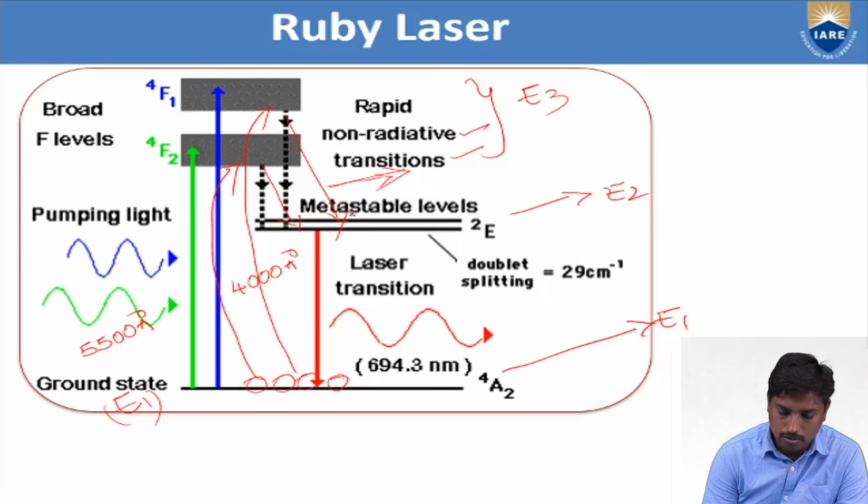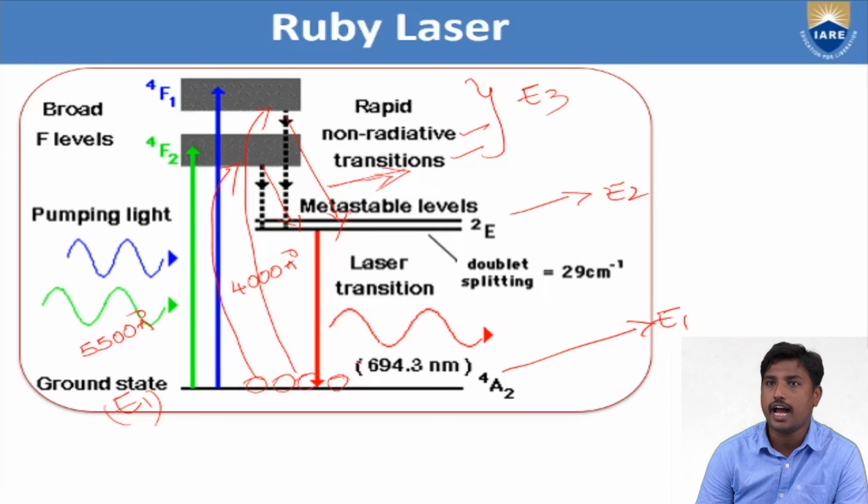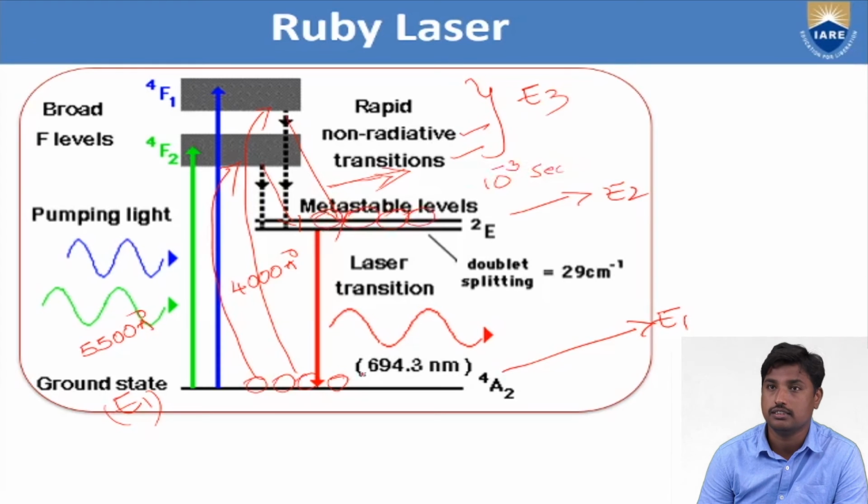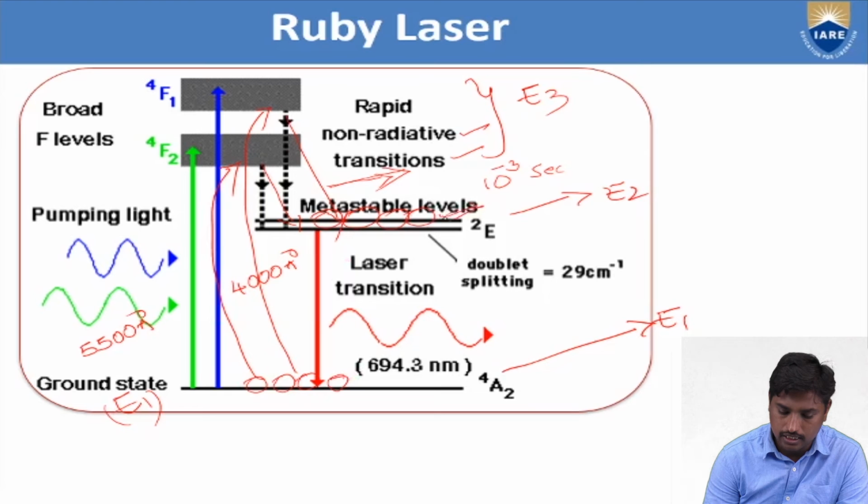So in the metastable state, what is a metastable state? Where the atoms or ions spend maximum time, that energy level we call the metastable state. So here the de-excited particles spend maximum time. The average time is 10 power minus 3 seconds. Due to spending maximum time, the number of particles goes on increasing continuously.